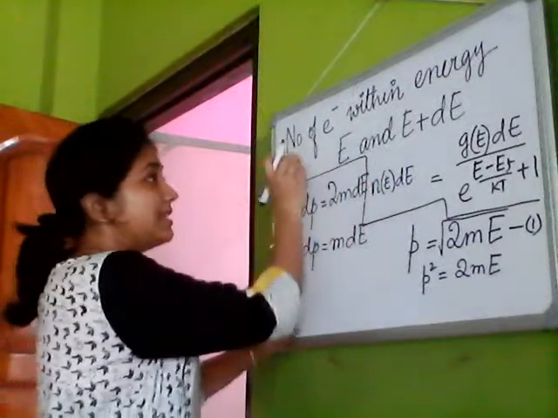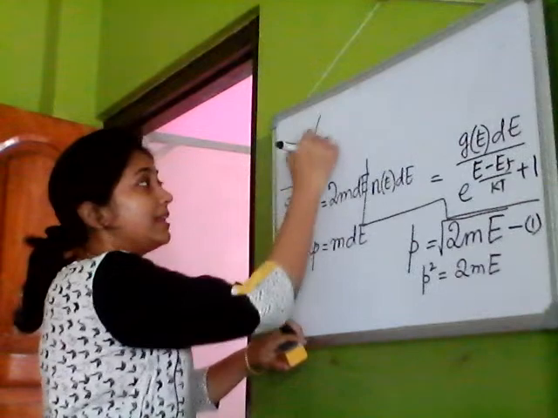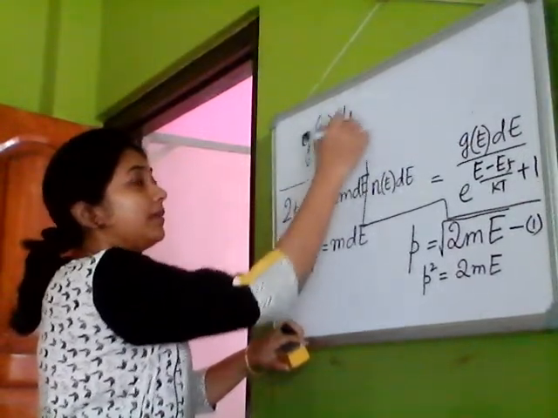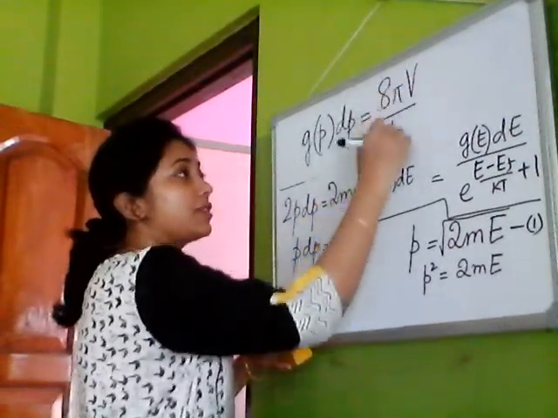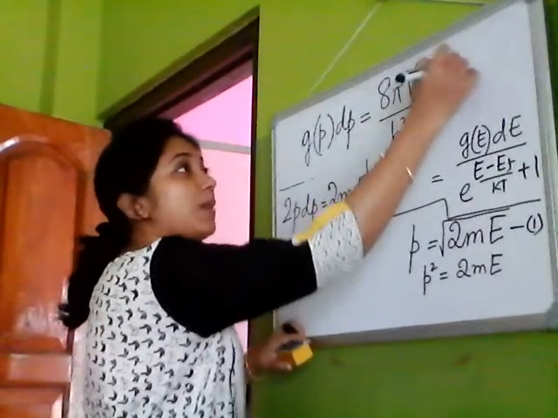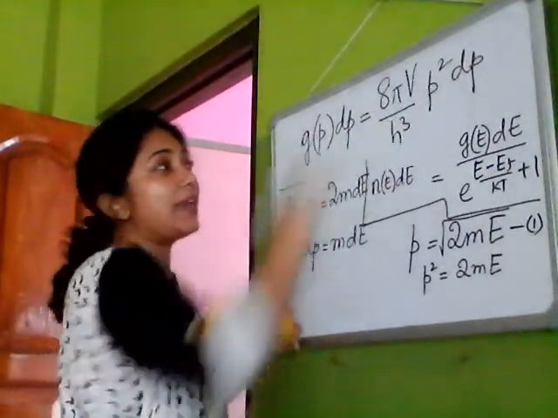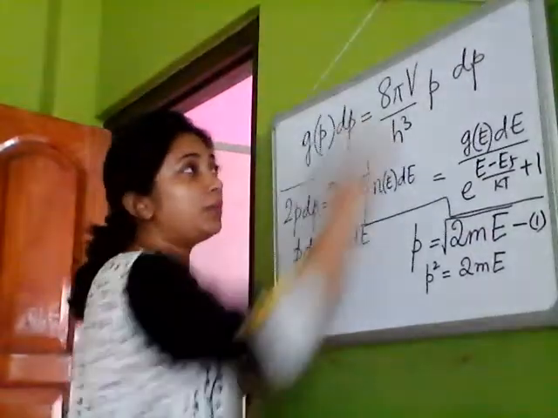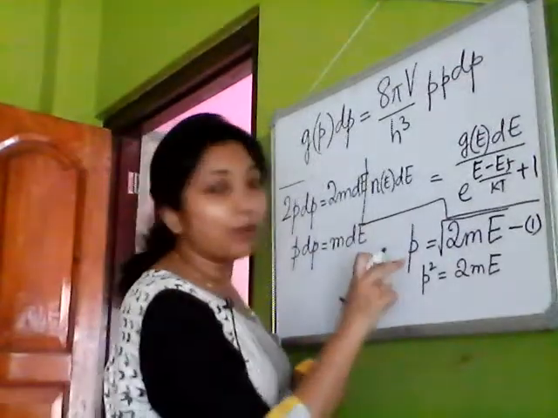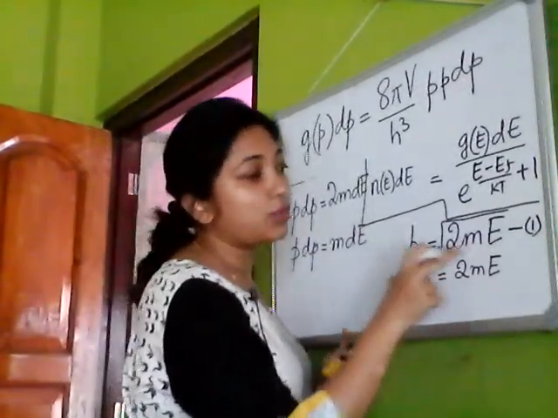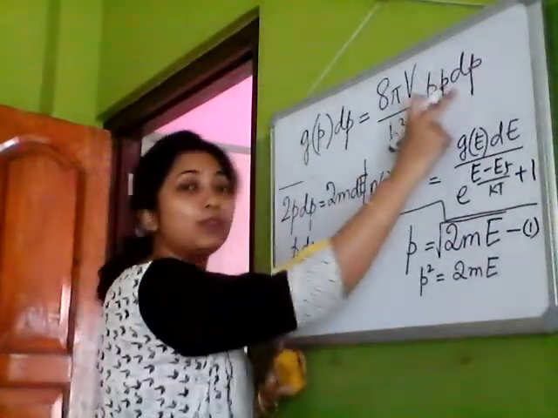Now, what will I do? I will use this in my GPDP formula. And what is that? GPDP is equal to 8 pi V by H cube P square dP. This is our GPDP formula. And P square dP is nothing but P into P dP. So I will take the value of this individual P as root over 2mE and put it over here, and I will take the value of P dP as m dE and put it over here.